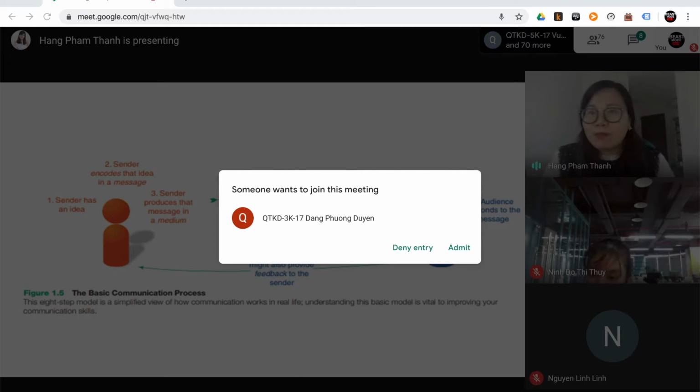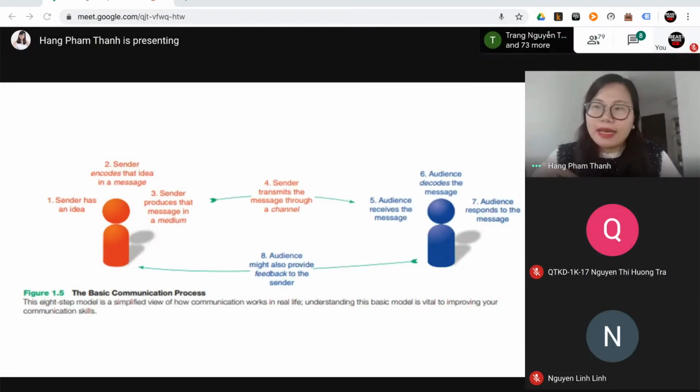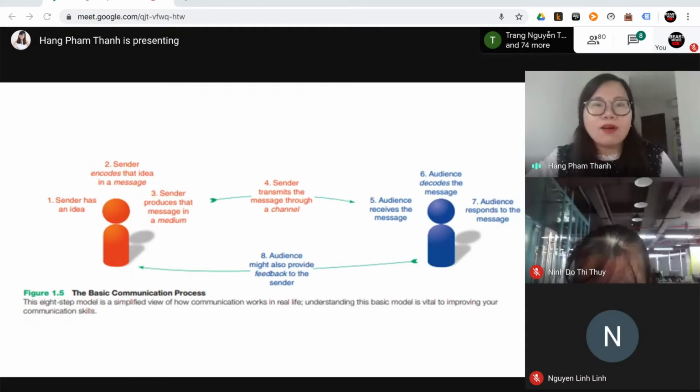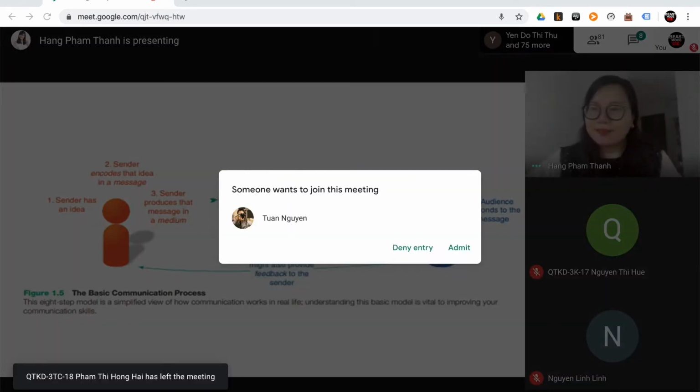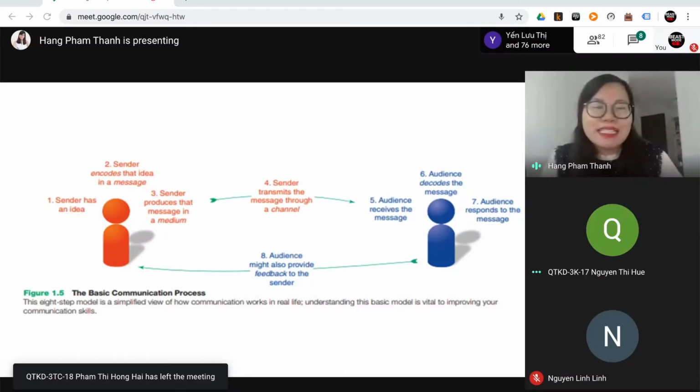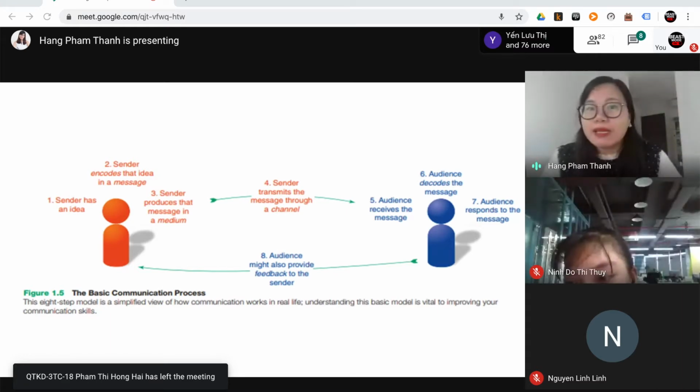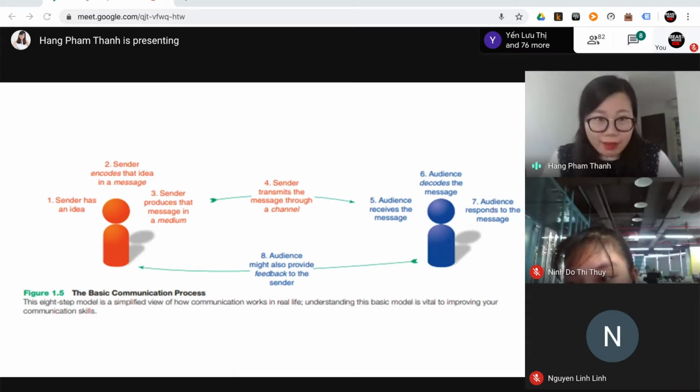Another boy may encode the idea into a totally different message. For example, he may tease the girl, or tell her friends, but not directly the girl.